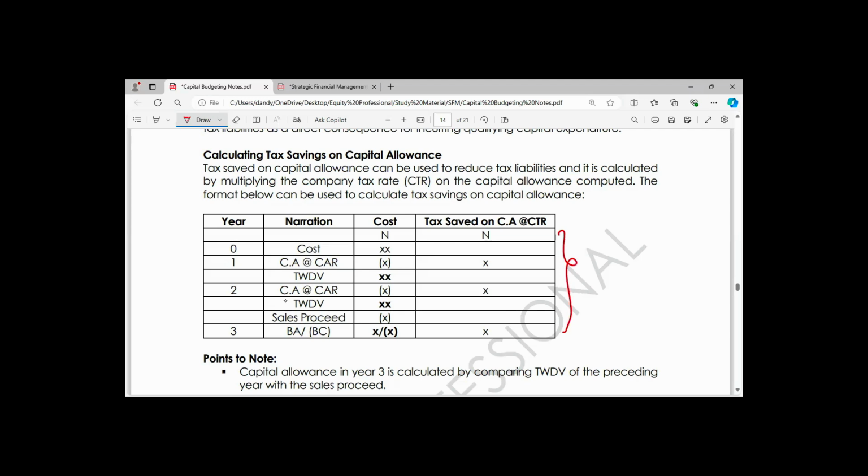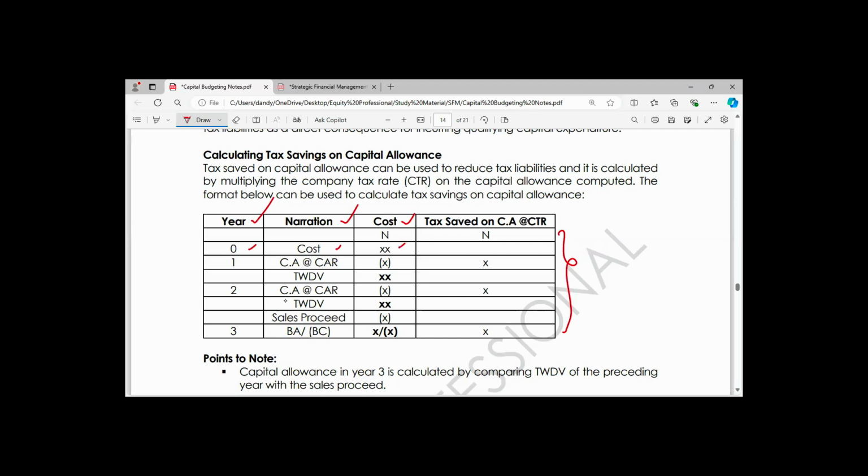But first thing first, when you want to calculate your capital allowance, you create a column for year, the next column for narration or description or item, then another column for cost. So to get your capital allowance, you start from year 0 with the cost of the asset, and you put the cost of the asset there.